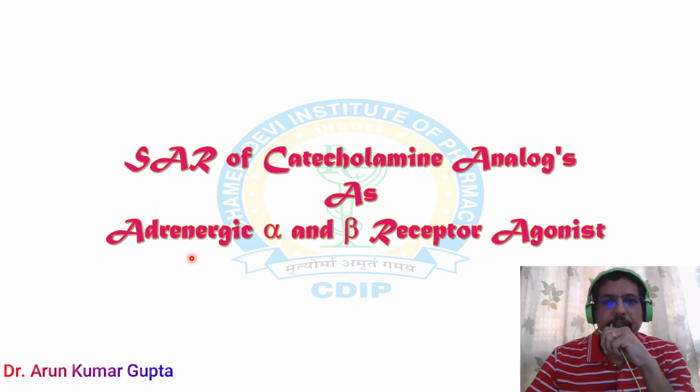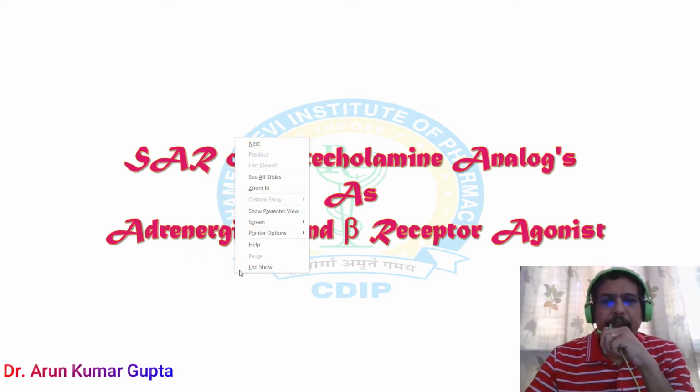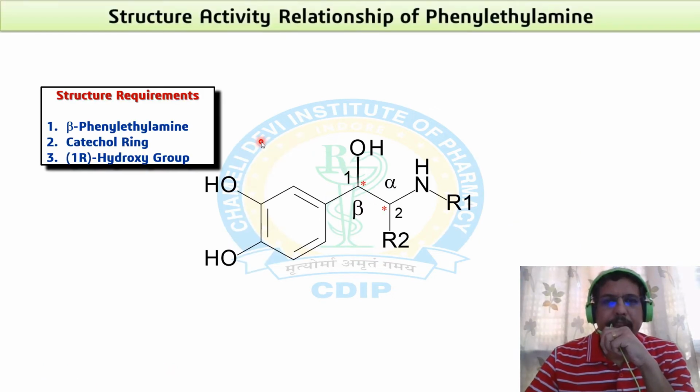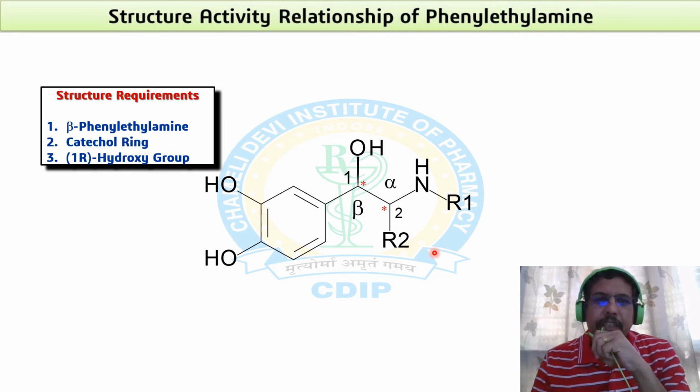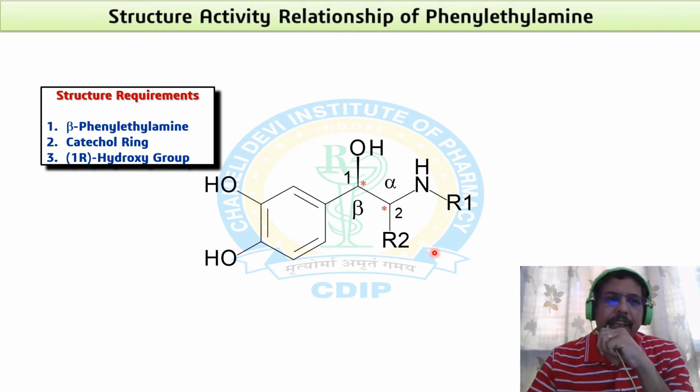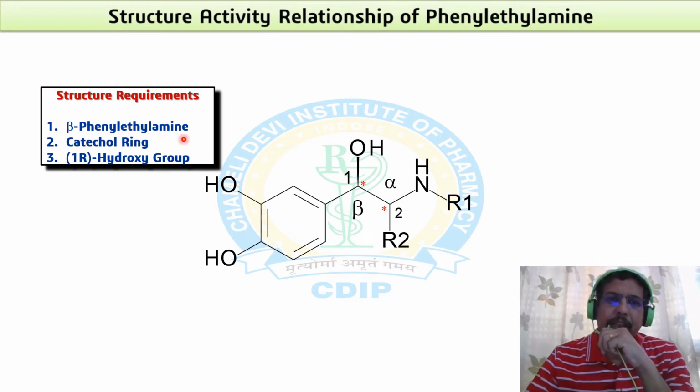So firstly, we take a look at the basic scaffold. So here it is, the basic scaffold, which is known as phenylethylamine, and this basic structure can be divided into different segments, like beta phenylethylamine.